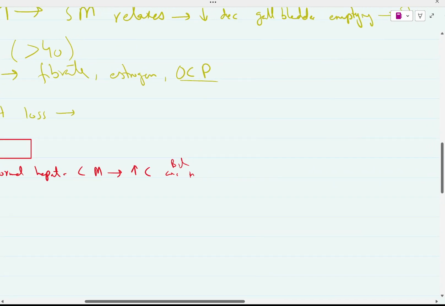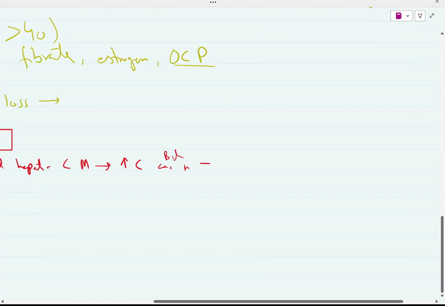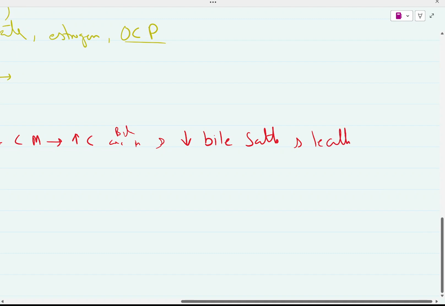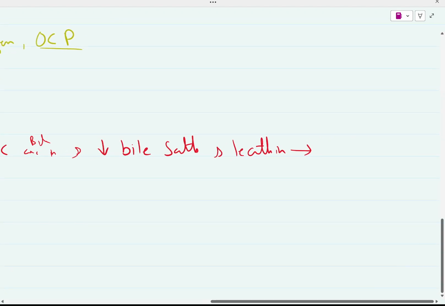When there is increased concentration of cholesterol in bile and decreased formation of bile salts and lecithin. What is lecithin? Lecithin is involved in lipid or fatty acid metabolism. It is a stabilizer compound. When there is decreased lecithin and bile acid and increased concentration of cholesterol, there will be hypersaturation of bile.